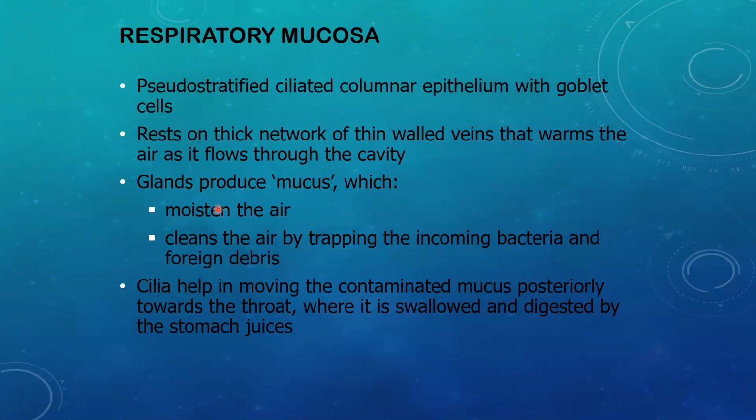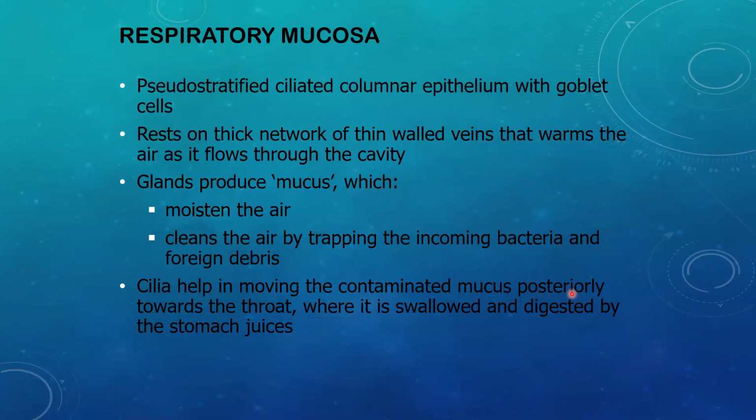The function of mucus is to moisten the air, adding water content to it. Second, it helps to trap incoming bacteria, foreign debris and dust particles. The function of cilia is to move the contaminated mucus posteriorly towards the throat, where it comes out as cough, or is swallowed into the stomach.